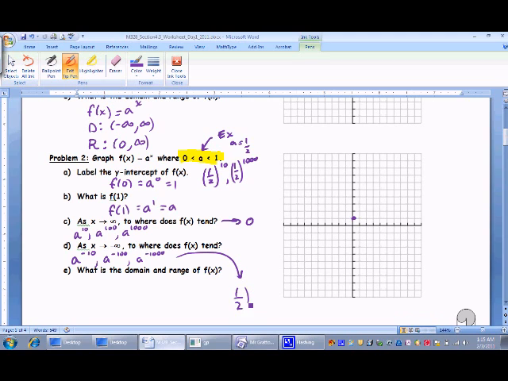Say that your a value was 1/2 and your power was negative 100. Well, that's 2 to the 100th power. You can see that that power is getting larger and larger. As your exponent's growing, 1/2 to that power is going to get arbitrarily large. So as x tends to negative infinity, f of x is going to tend to infinity.